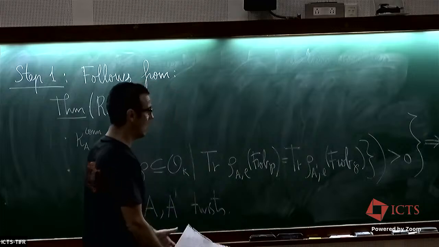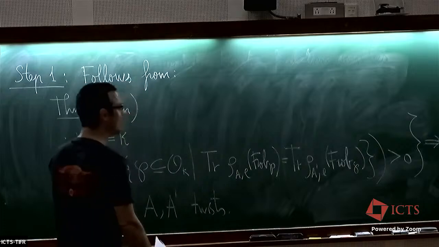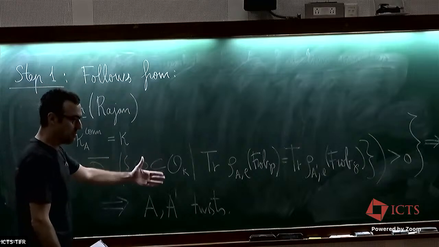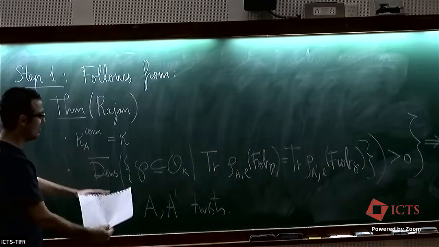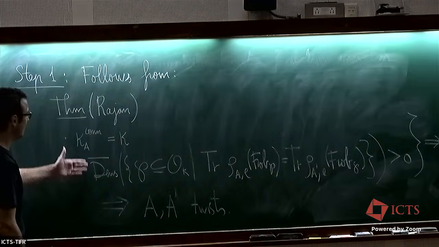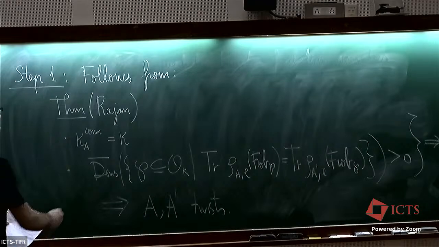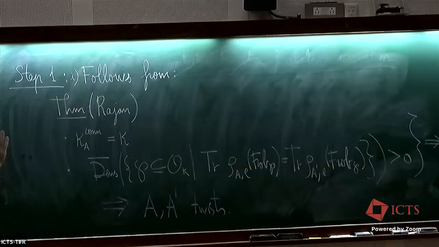It certainly cannot happen if you look at the trace at the neutral element of the group. And this property is preserved after a base change. And so we just want to prove that A and A prime are twists, and so we are free to assume that the l-adic monodromy group is connected. So maybe I should say that the first part of step 1 follows from this theorem.